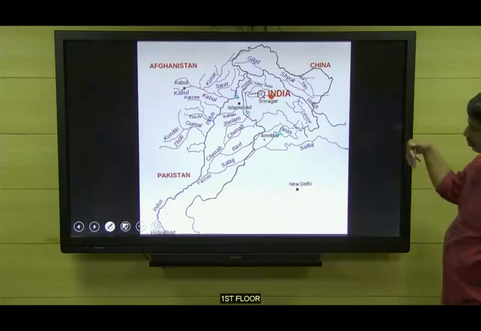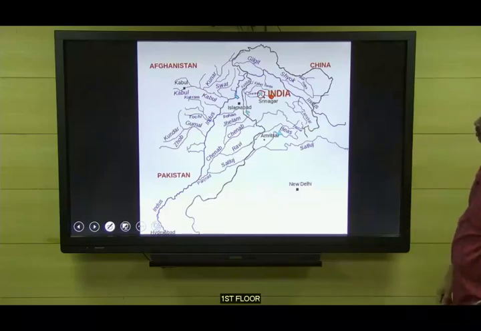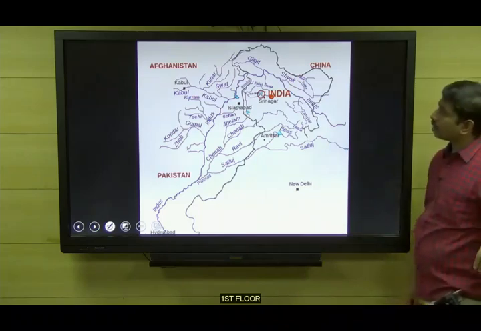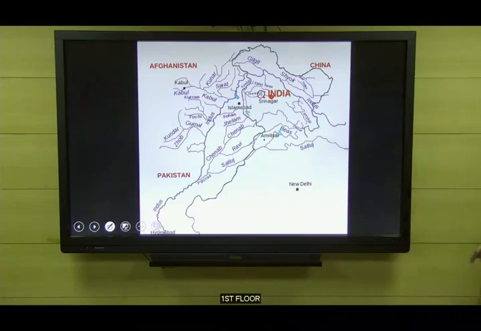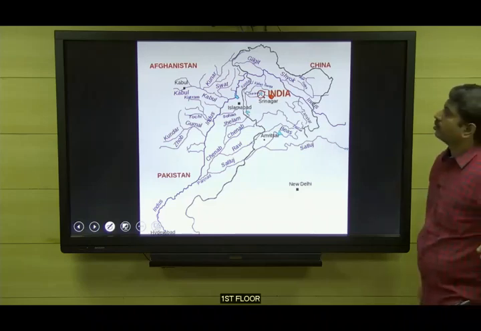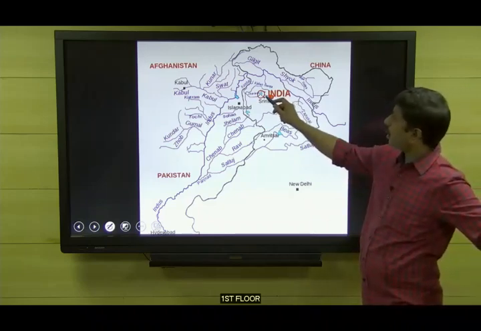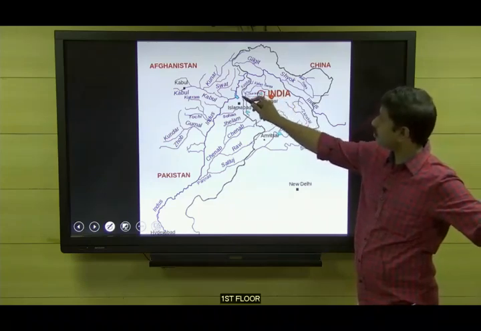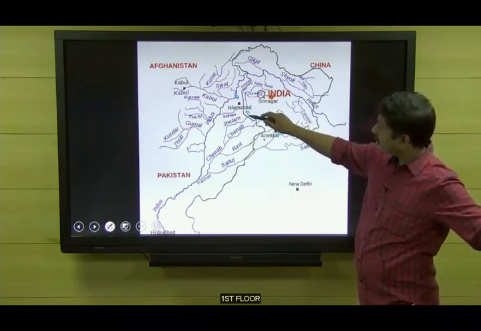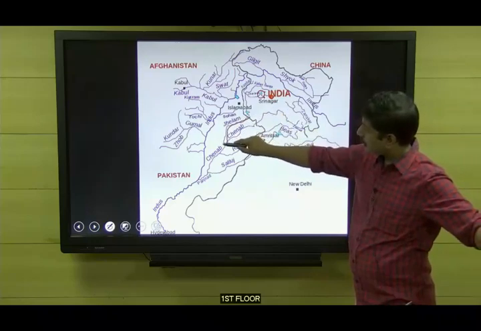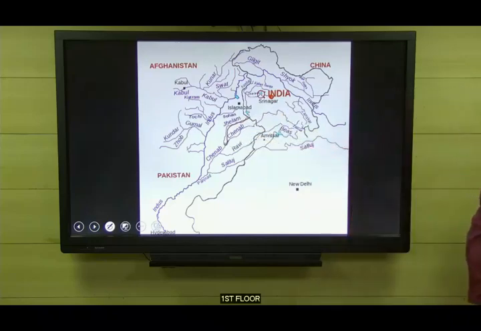Dal lake is even closer to Srinagar, but Ular lake is a little away from Srinagar, but both are related to the Jhelum river. It feeds the Ular lake, and the Ular lake overflows and continues as Jhelum, and then it goes and joins the Chenab in Pakistan.